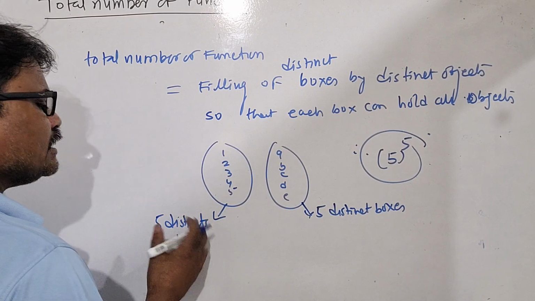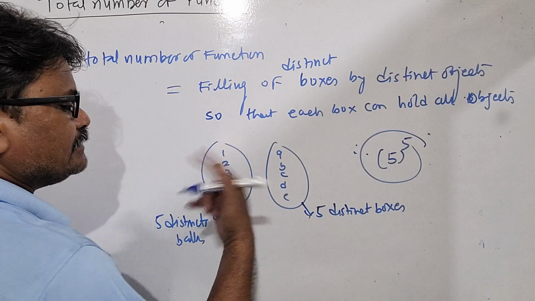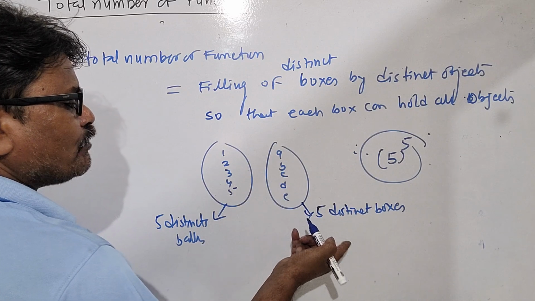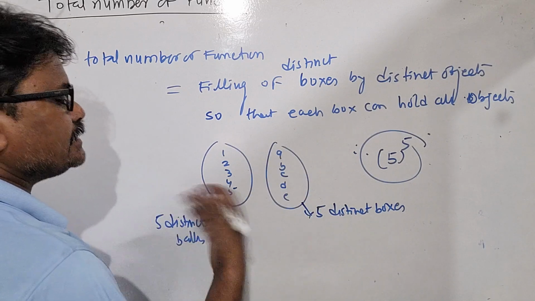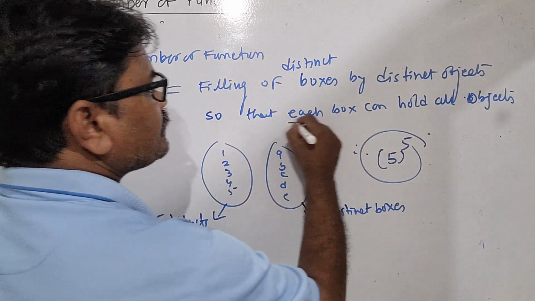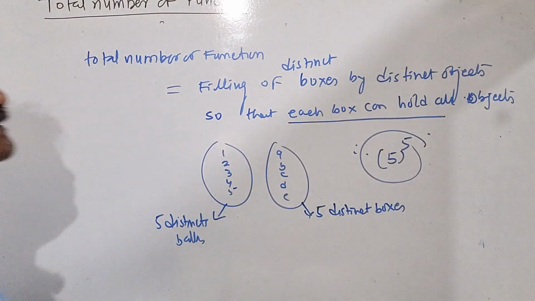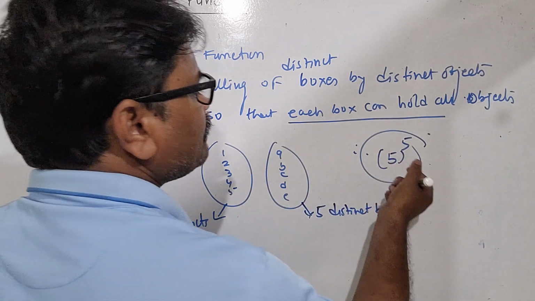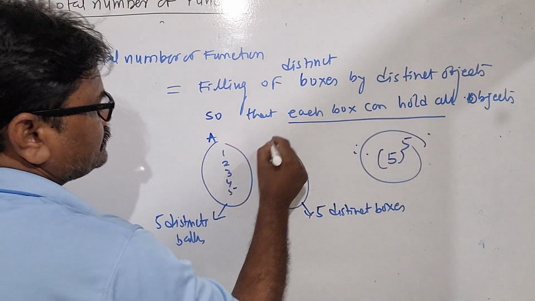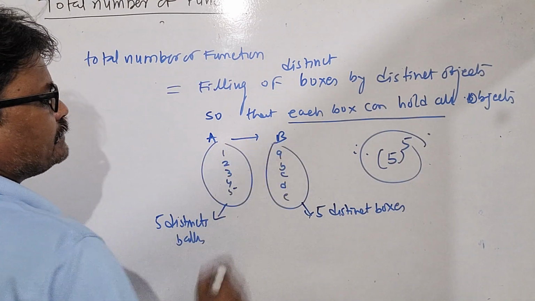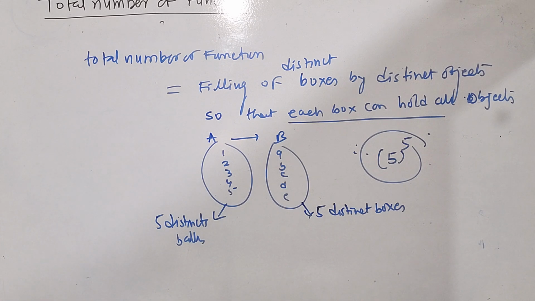So, I want to calculate the total number of ways of filling the 5 distinct boxes with the 5 distinct balls such that each box can hold all 5 objects, which is equal to the total number of functions defined from set A to set B. Correct? Yes.